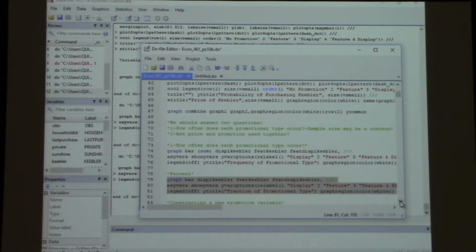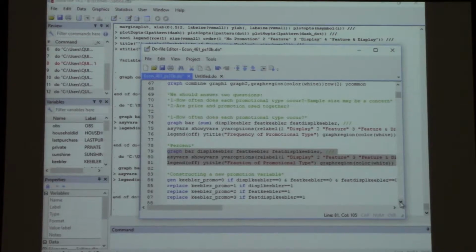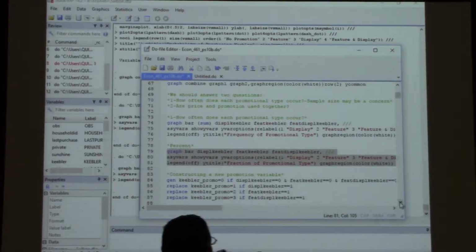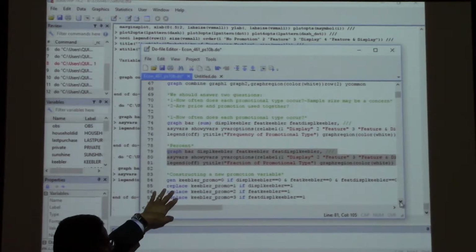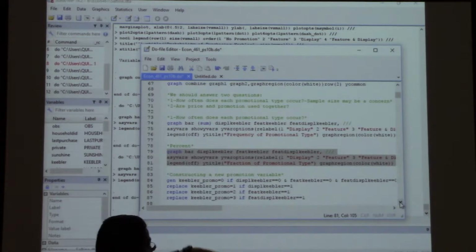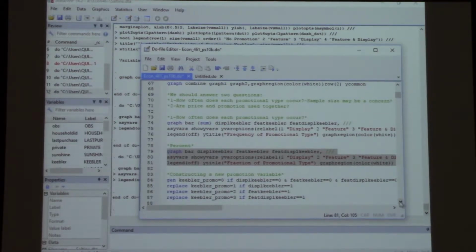But what I did was relatively simple. I just constructed a new variable, called it Keebler promo, and I set it equal to 0 when there's no promotion. I set it equal to 1 when we're on display, 2 we're on feature, and 3 we're on feature and display. So all I'm doing is creating a variable so I can construct a new graph.